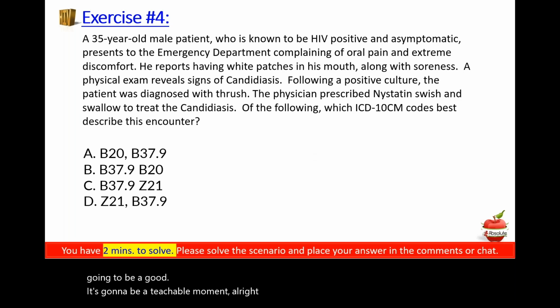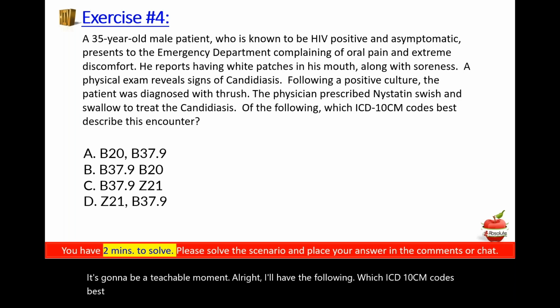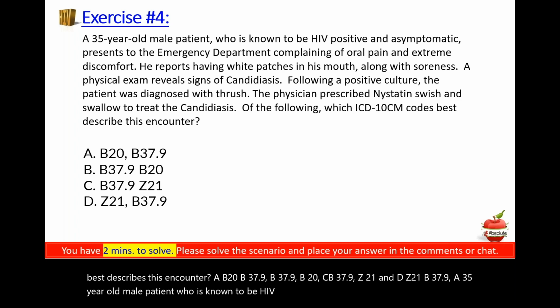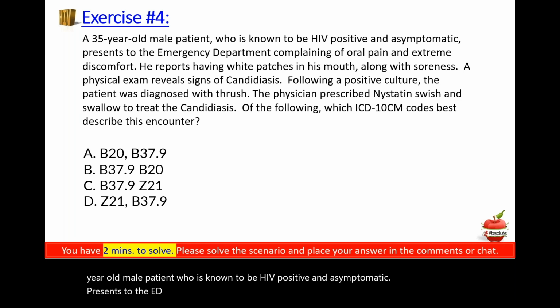All right, of the following, which ICD-10-CM codes best describes this encounter? A, B20, B37.9. B, B37.9, B20. C, B37.9, Z21. And D, Z21, B37.9. A 35-year-old male patient who is known to be HIV positive and asymptomatic presents to the ED complaining of oral pain and extreme discomfort.